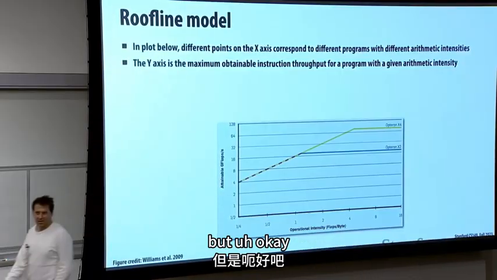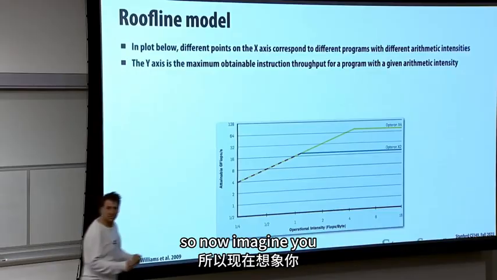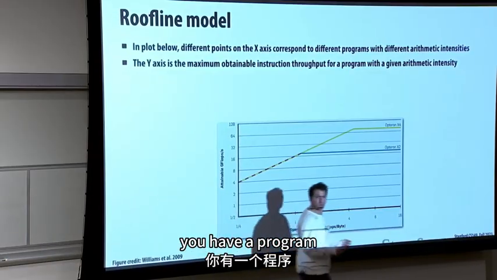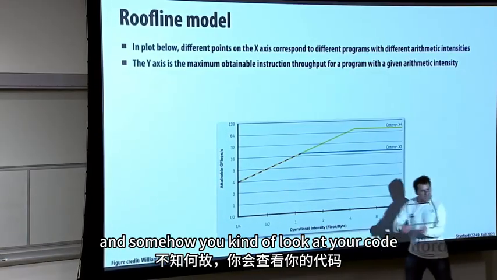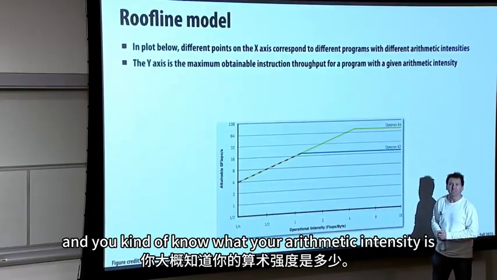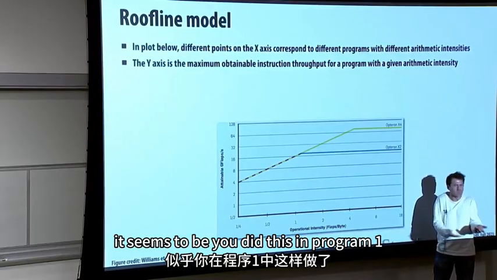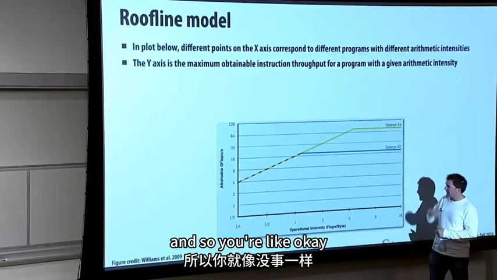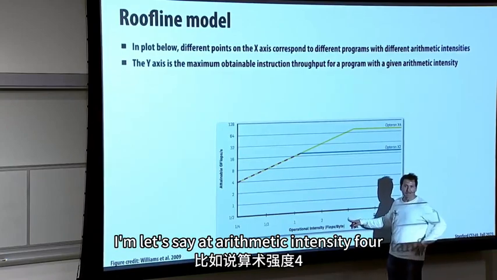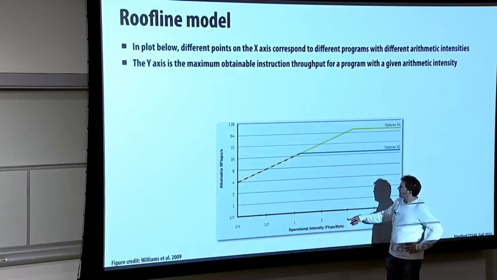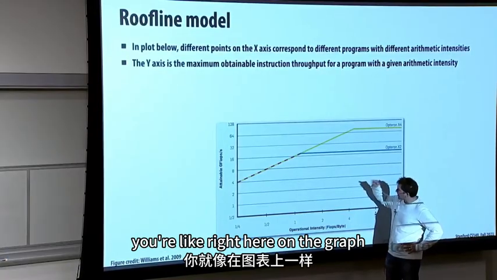But okay. So now imagine you have a program, and you look at your code and you kind of know what your arithmetic intensity is. Like you look at the main loop, you did this in program 1. And so you're like, okay, I'm, let's say, at arithmetic intensity 4. And then you run it, and you compute that you're right here on the graph.